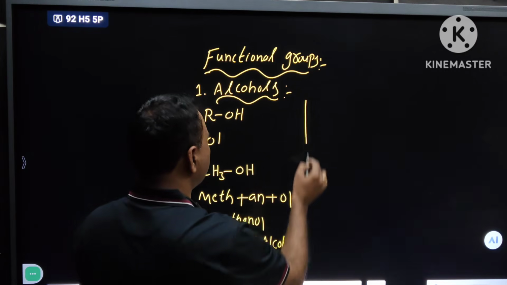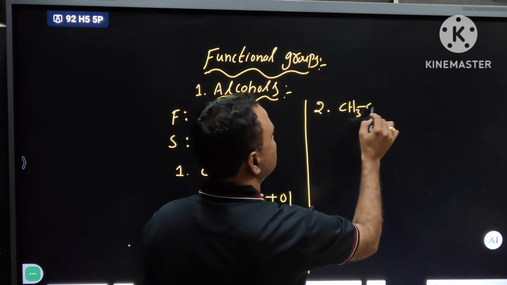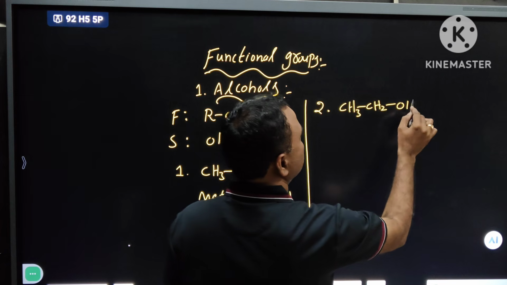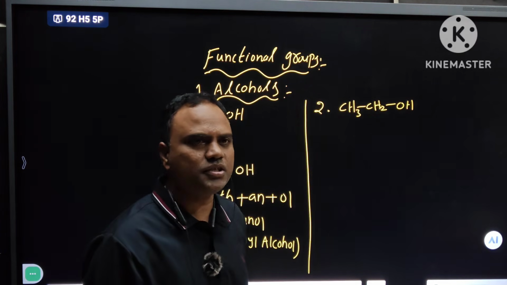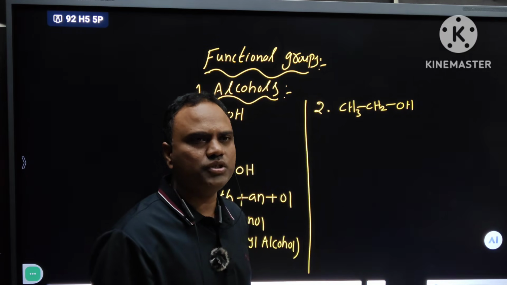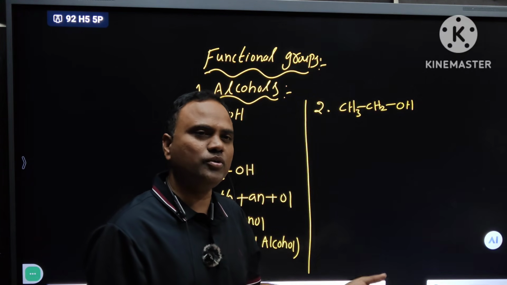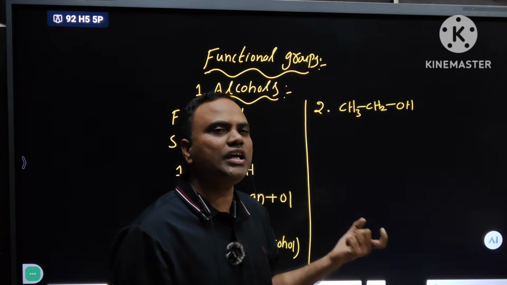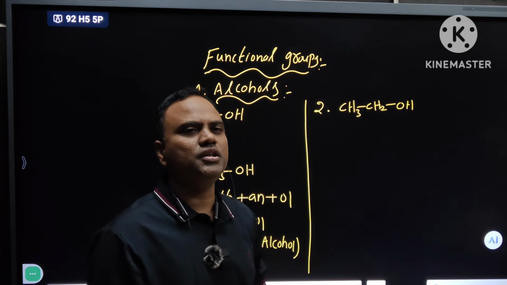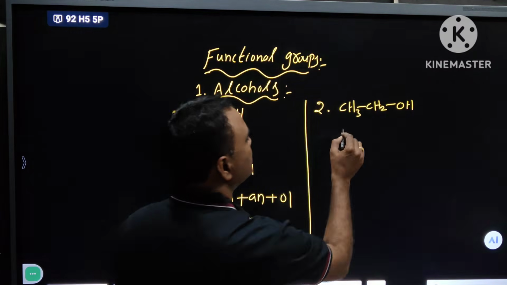Let us see the second example. CH3CH2OH. How many carbons are present here? 1, 2. Eth plus ane plus ol. Why are we writing ane? All are single bonds only.